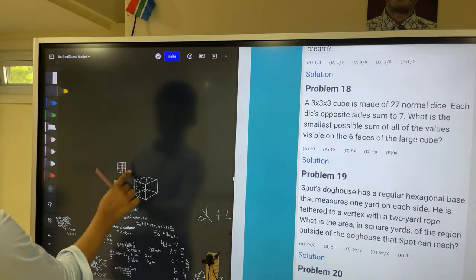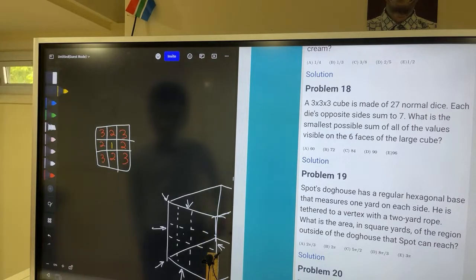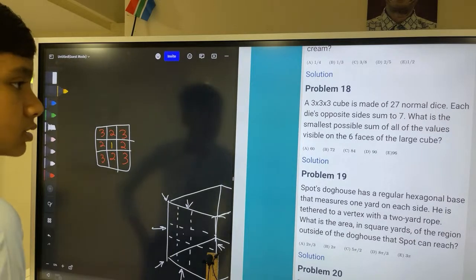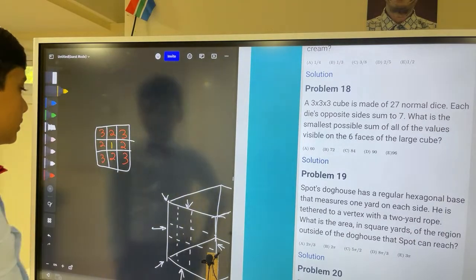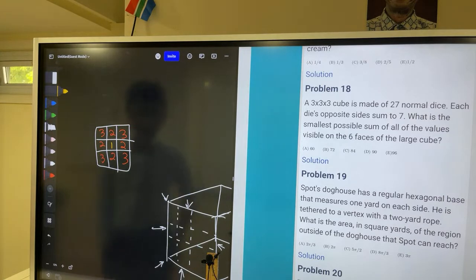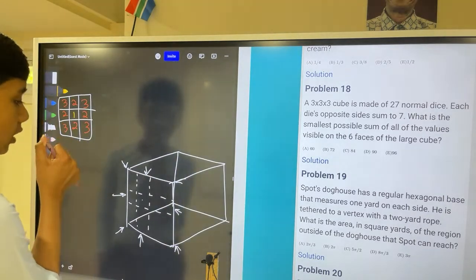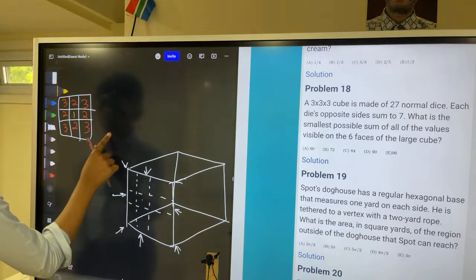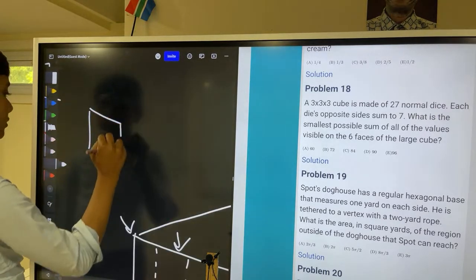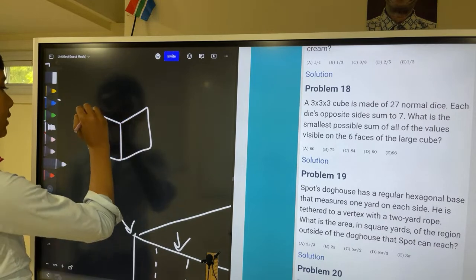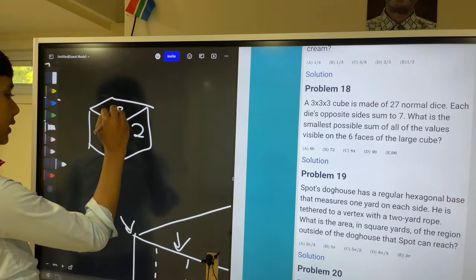So, what is small? Okay. So, on opposite sides of the cube, then that means you can just have a cube that is oriented like 1, 2, 3, no?